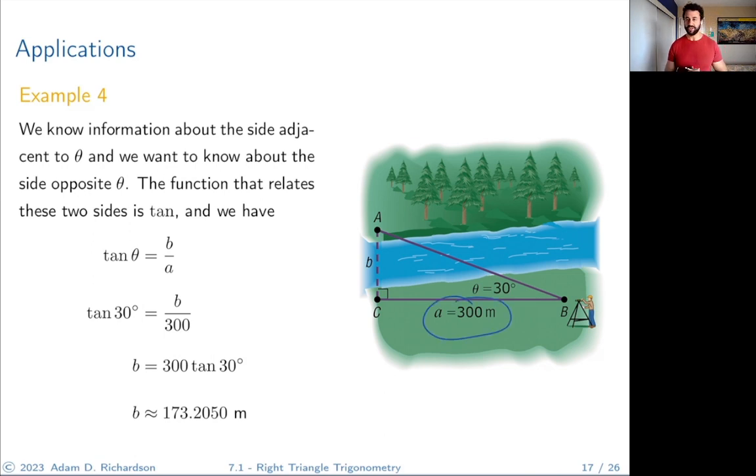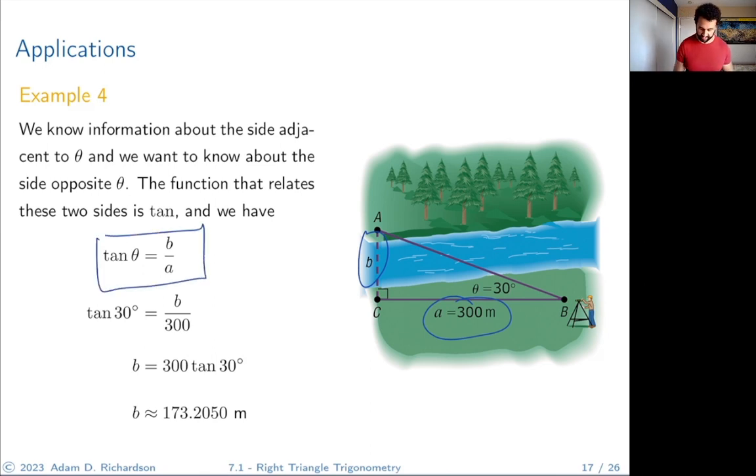We want to know information about the side that's opposite theta. So what is a function that relates the side adjacent to theta and the side opposite theta? If you remember SOHCAHTOA, adjacent and opposite, you're thinking of tangent. That's what it should be.